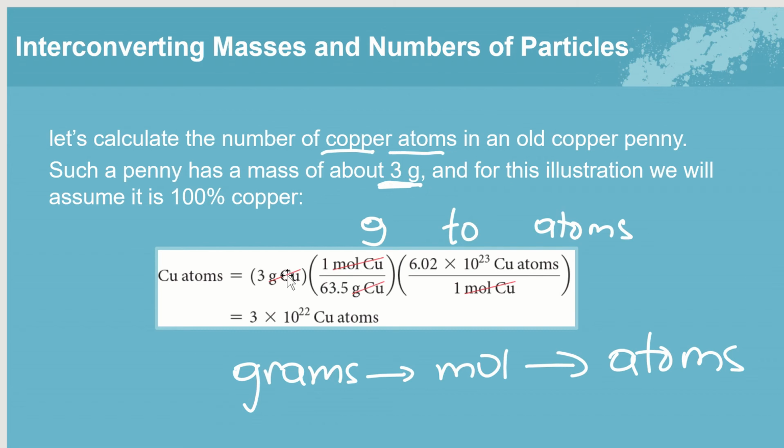So we just carry out this calculation from grams to moles to atoms, and once we do that, we should get 3 times 10 to the 22 copper atoms. So go ahead, plug the values in your calculator and see if you get the same answer.